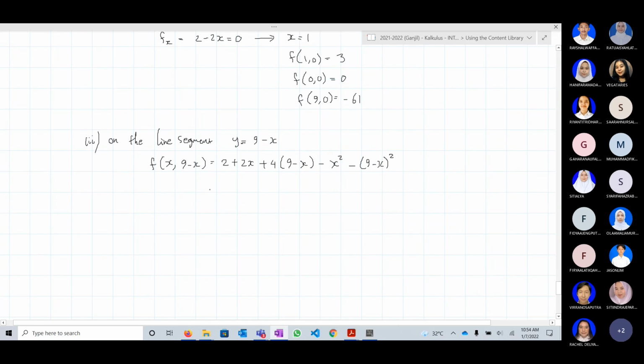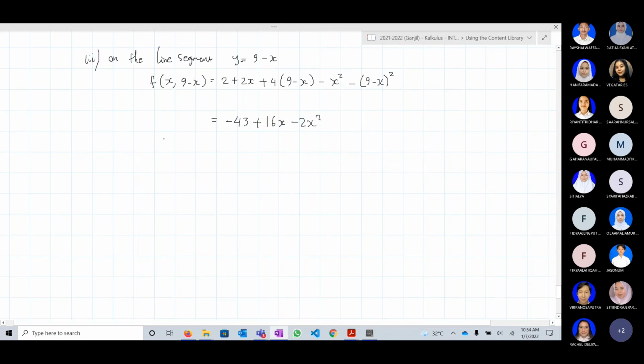Yes, that is correct. Then this function is equal to minus 43 plus 16x minus 2x squared.